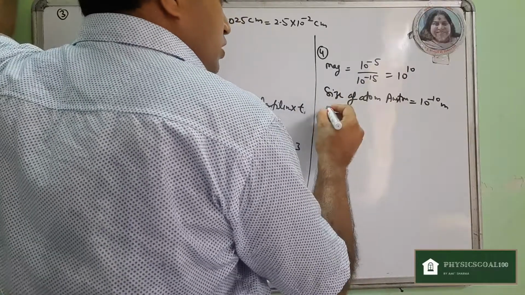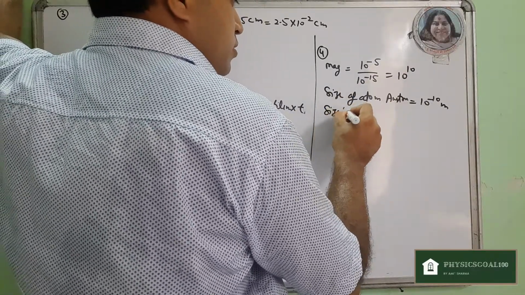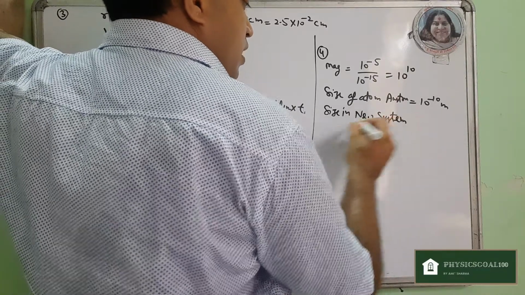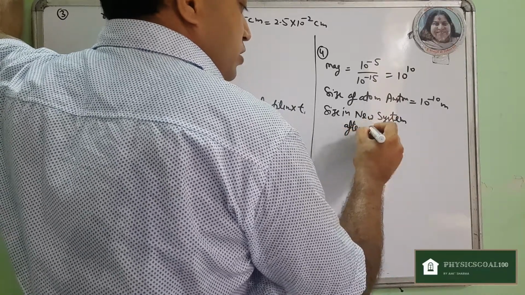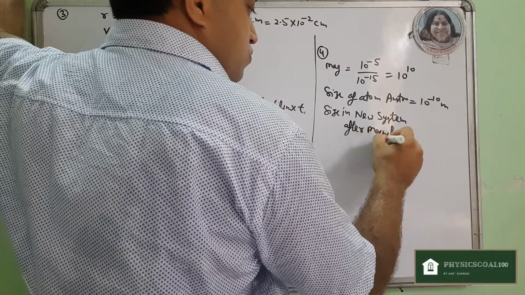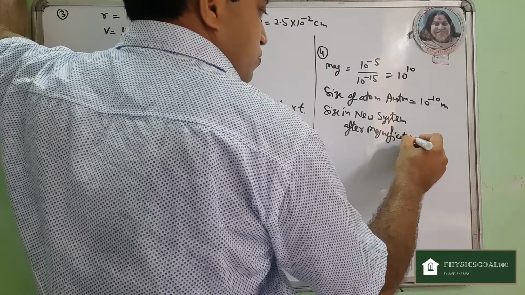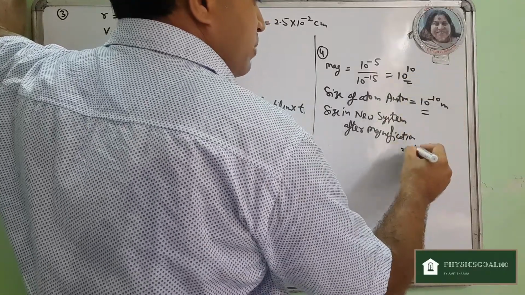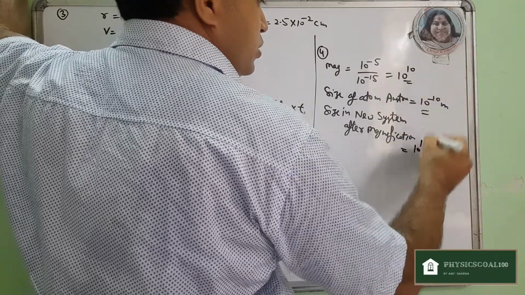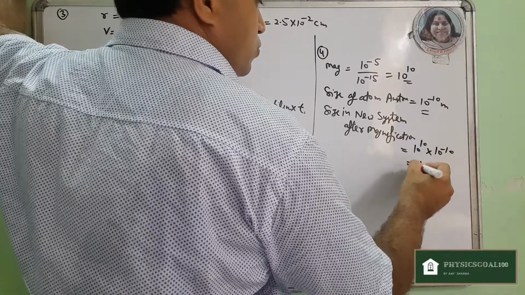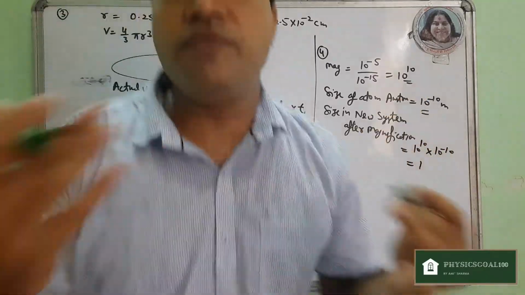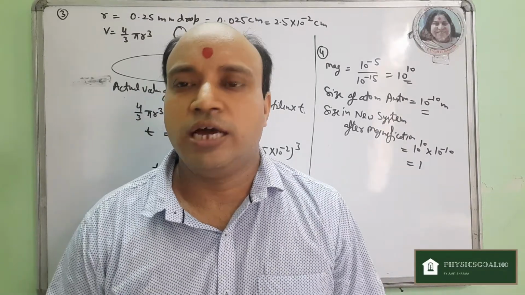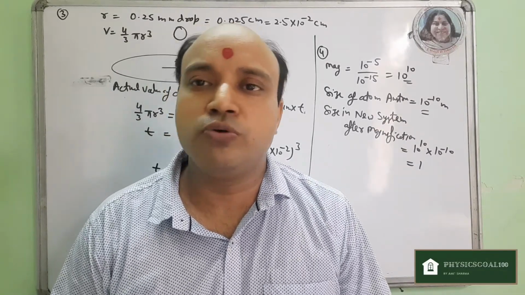So the size in new system after magnification is this multiplied by this. We will multiply magnification to the actual size, that is equal to unity. So in this way we are having some of the questions in magnifications also. I believe this will help you a lot. Thank you.